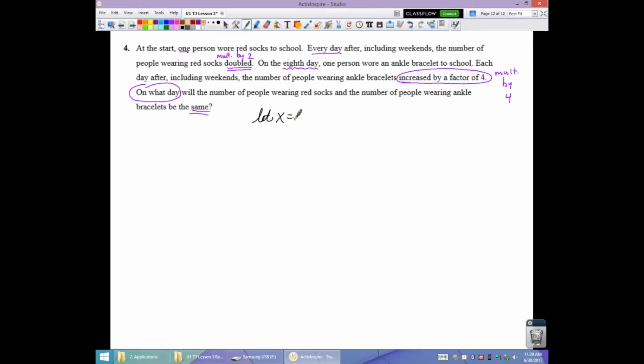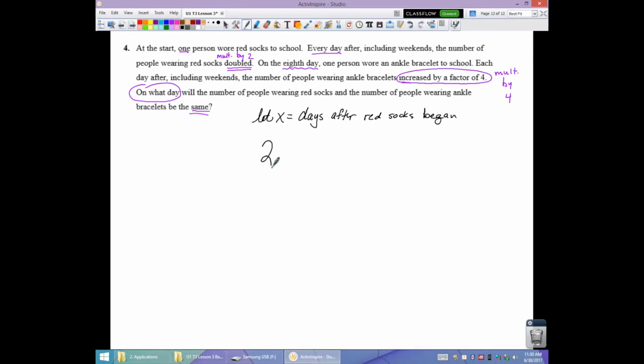So start with our let statement. X will be, in this case, we're talking days, so the number of days after the first trend started. So the first trend was red socks, so days after red socks began. Okay, so one person wearing red socks, and that doubles.